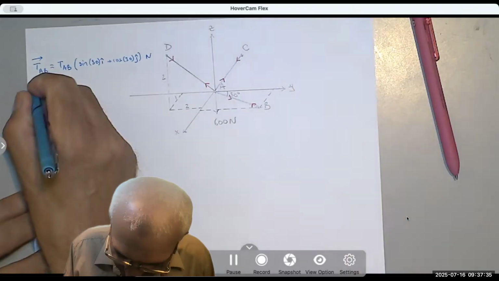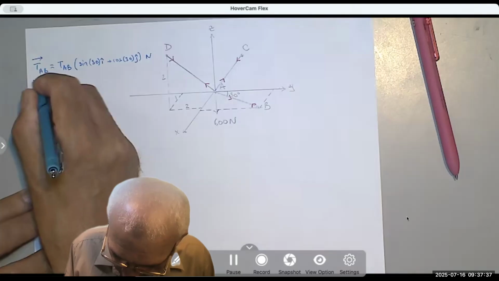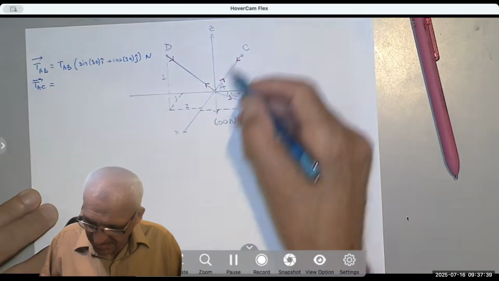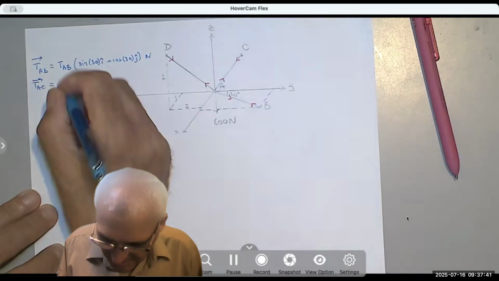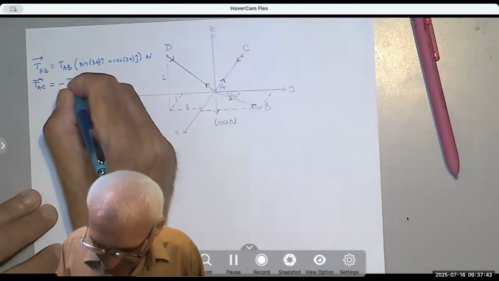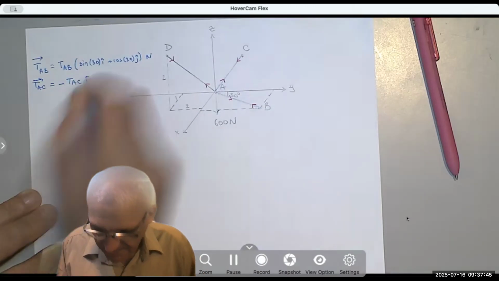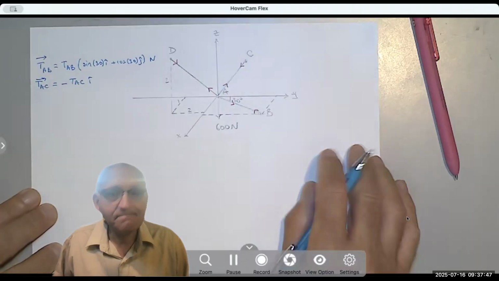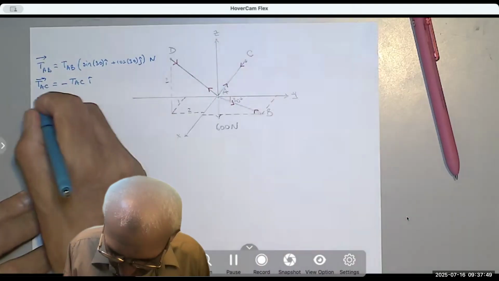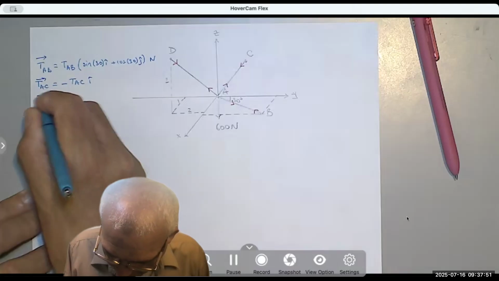If I do TAC, TAC is along the negative X, so it's just negative TAC i, right? And finally, TAD.